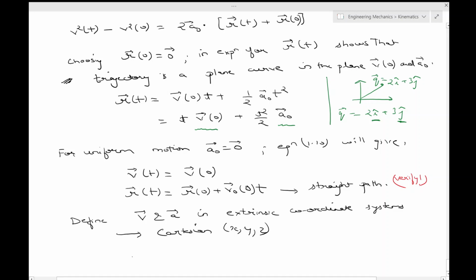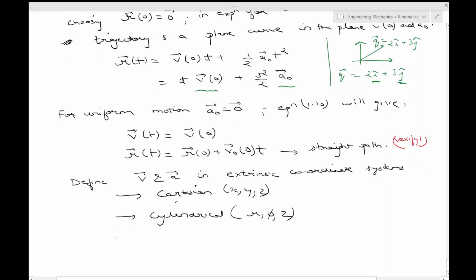The other is cylindrical, which is r, phi, and z. Then we also have the so-called intrinsic coordinate system, where we also have to define V and A. This is essentially called path coordinates. You will see both of their values.